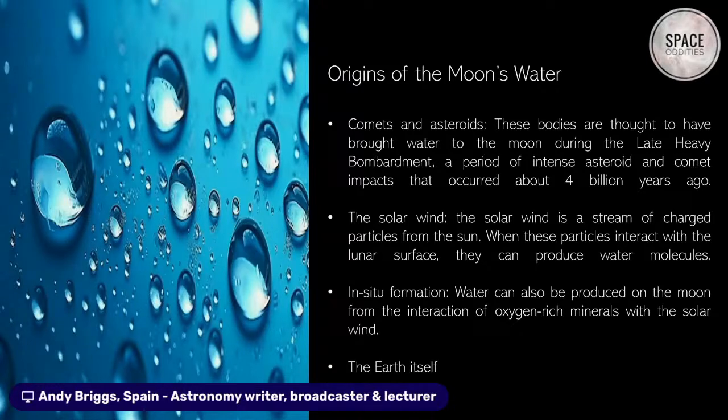And it can also be from the Earth itself, because don't forget, we believe that the moon was formed after a Mars-sized body collided with the Earth early in its history, and a huge amount of the Earth's crust was thrown into space and then coalesced quite quickly, as it turns out, to form the moon. Well, the water could have come from the Earth in that way. We don't know, basically, is the answer. But then again, we don't really know where Earth's water came from in the first place.